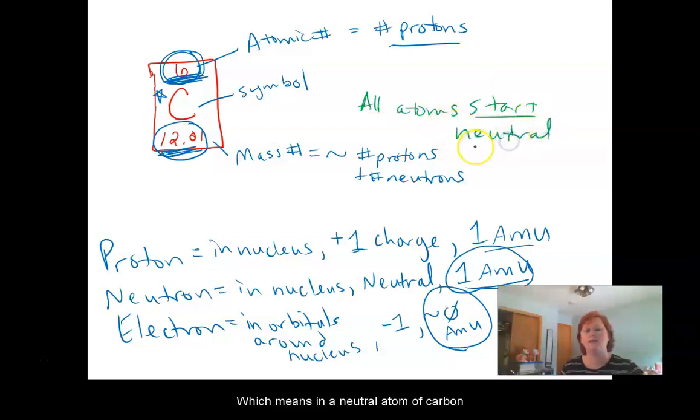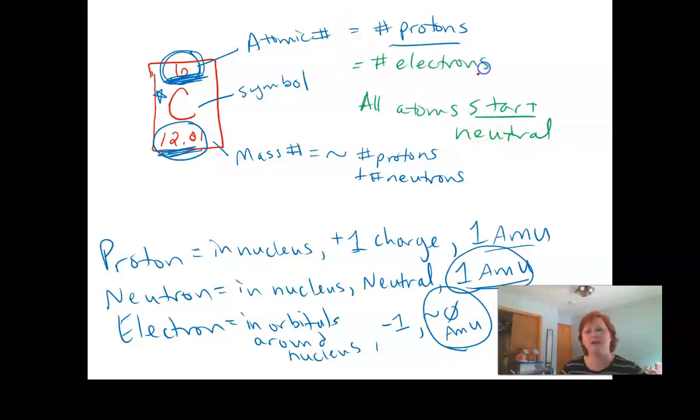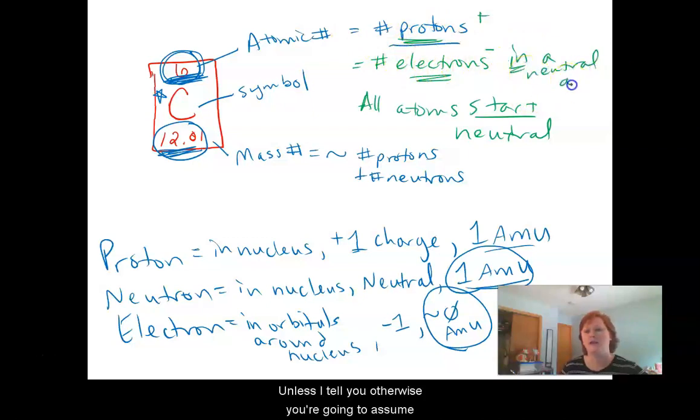Which means in a neutral atom of carbon, my atomic number is also going to give me the number of electrons, right? Because the number of pluses has to equal the number of minuses, because these are positively charged and these are negatively charged. So my atomic number gives me the number of electrons in a neutral atom. And unless I tell you otherwise, you're going to assume that my atom is neutral.